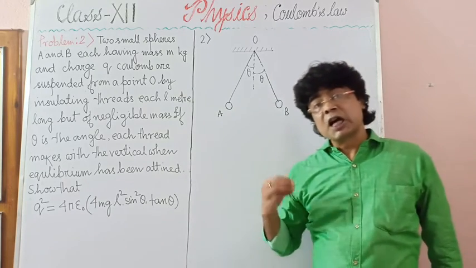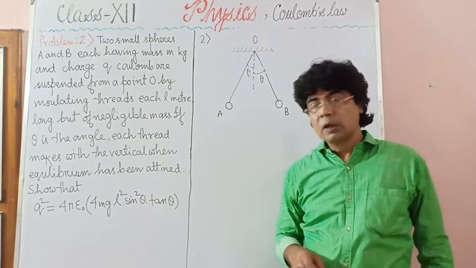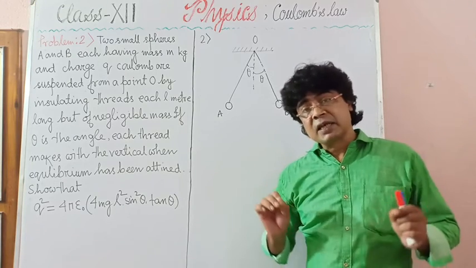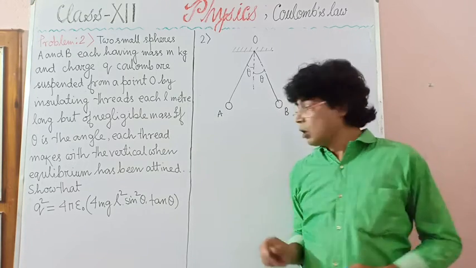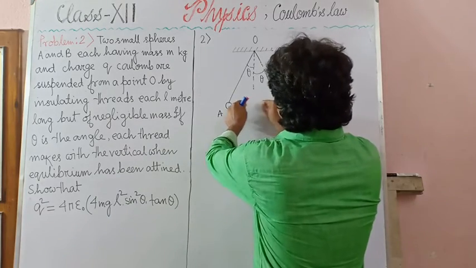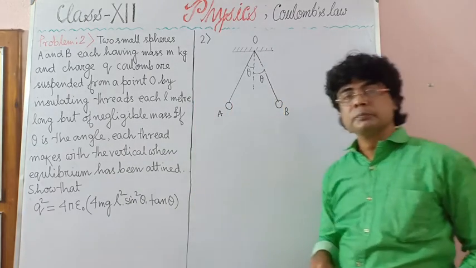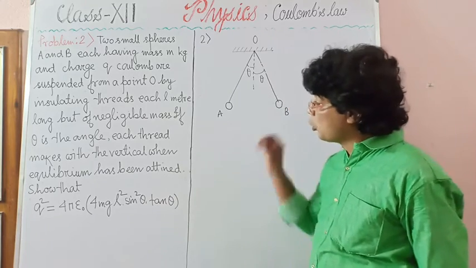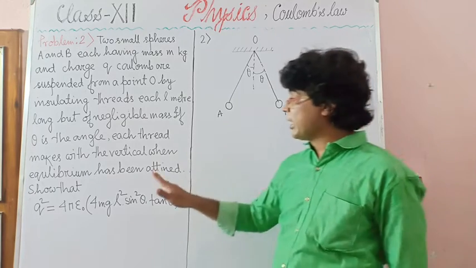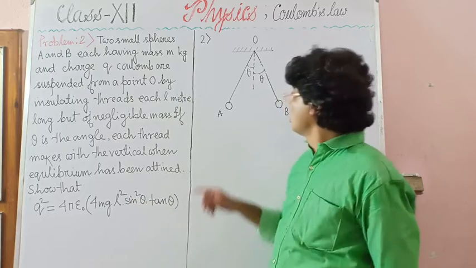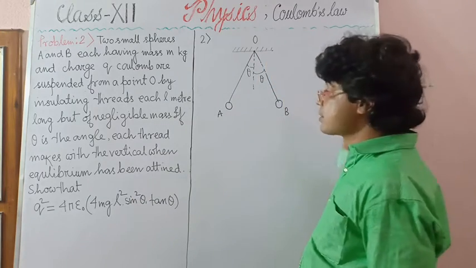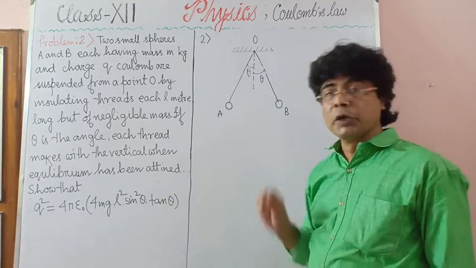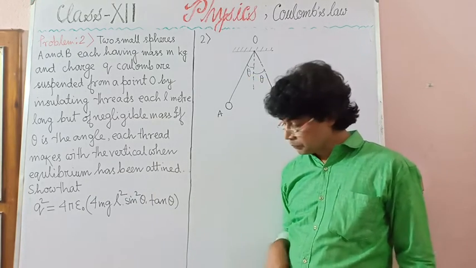Due to their charges, both the spheres repel each other and move away from each other. And when equilibrium has been attained, both the threads make an angle theta with the vertical.